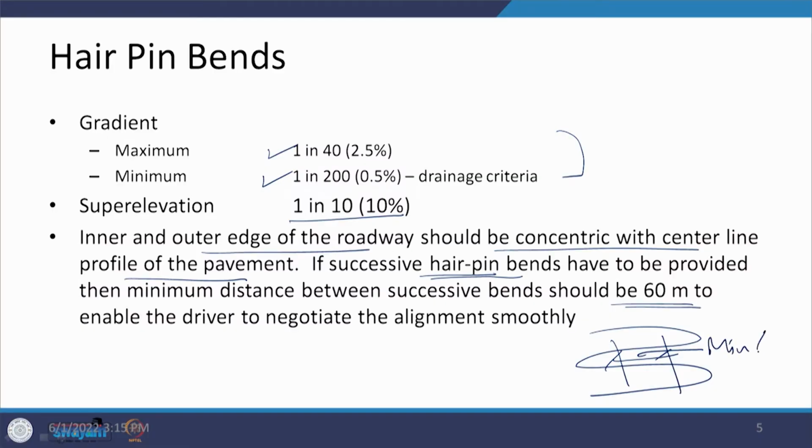So, that is what we are talking about. This length should be minimum 60 meters. These are a few of the things which need to be taken care of when we are talking about the hairpin bends.